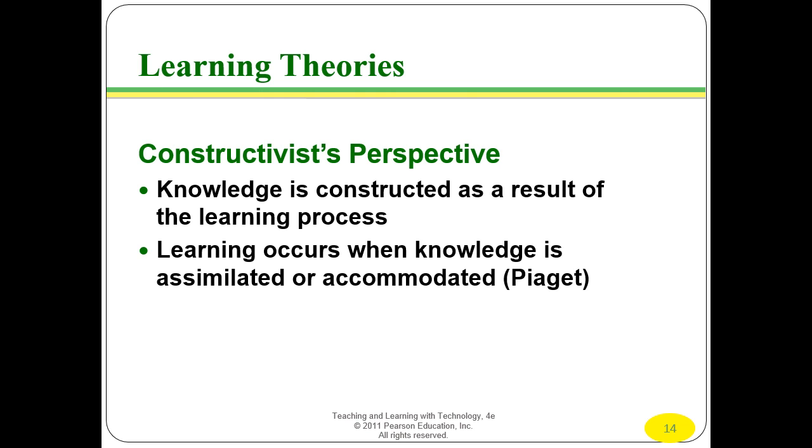If they can't make sense of it, the chances are they aren't going to assimilate it. I hope that explains that. You need to be able to make some sense of what it is that you're learning.